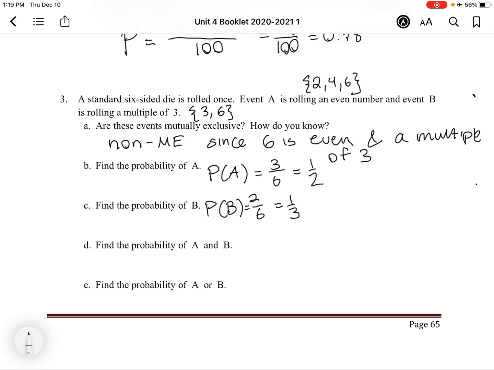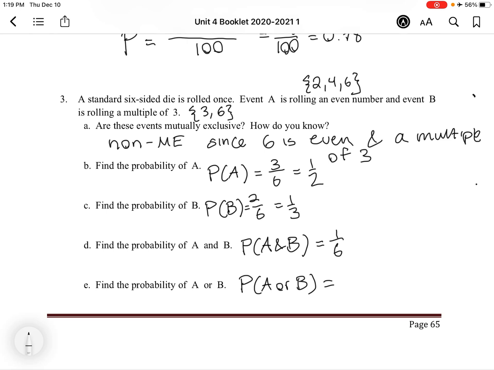Okay, now what's the probability of A and B? Well, the only thing that satisfies both is 6, so that's 1 out of 6 because there's only one outcome that's favorable to both. And what's the probability of A or B?